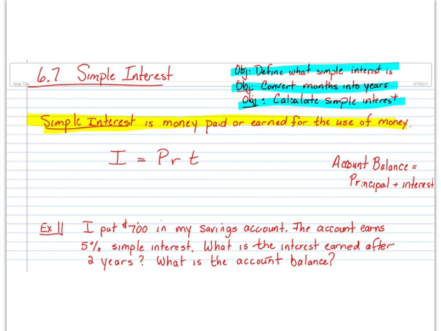So if you borrow money, you pay back interest as well. You borrow the money, plus you pay back interest. And if you put your money in the account, you have your money and it earns interest.